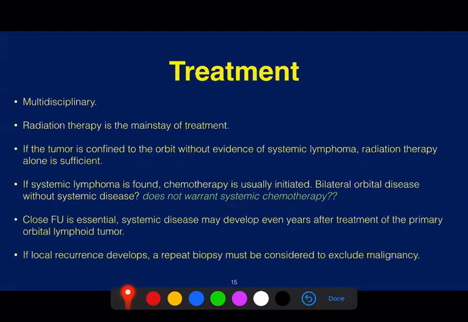There is a debate in this issue: bilateral orbital disease without systemic disease, will it warrant systemic chemotherapy? This is where the oncologist or radiation oncologist's role comes into place in these scenarios. You don't need to mention the scenario, and this is not a common one.